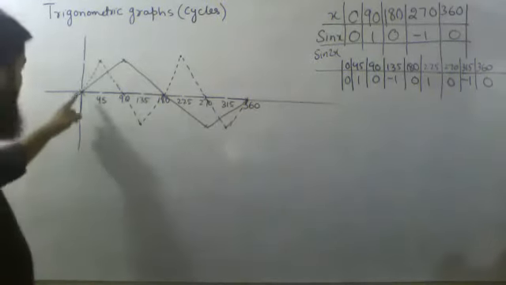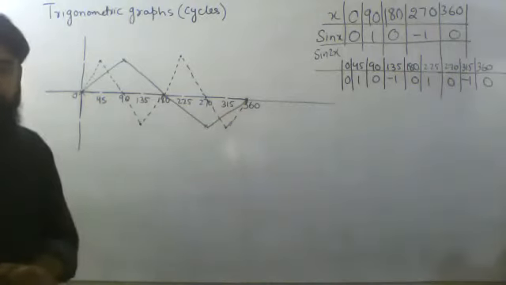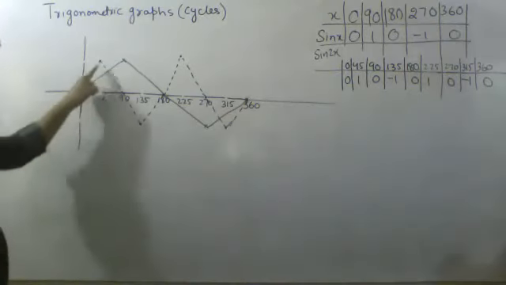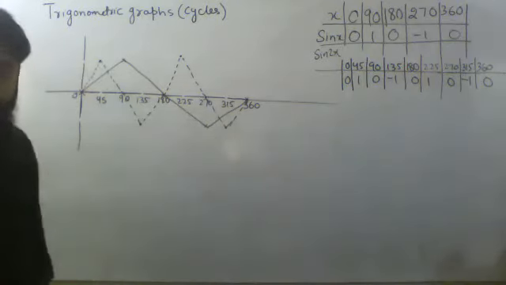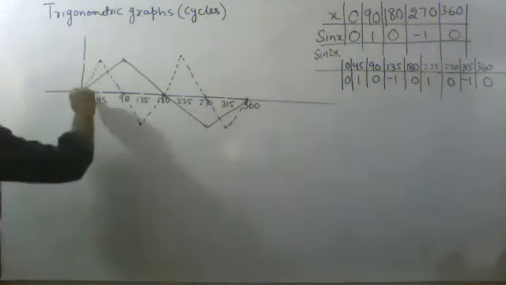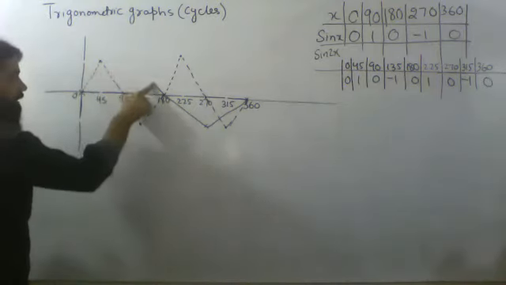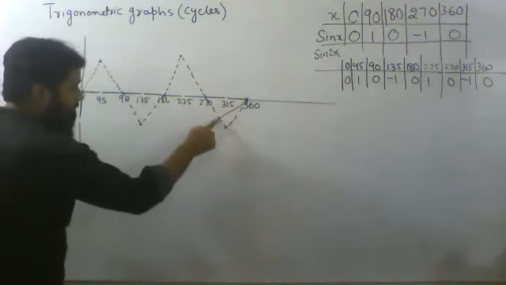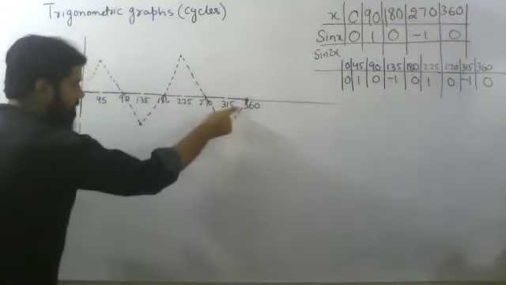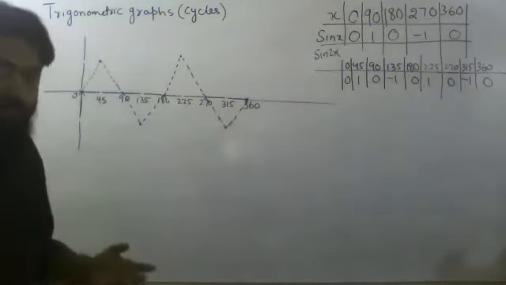The regular line which is going on is one cycle between 0 to 360 degree. And this dotted line is two cycles between 0 to 360 degree. I am removing this one so you will be clear to identify what has happened over here. See, beta, this is your two cycles.